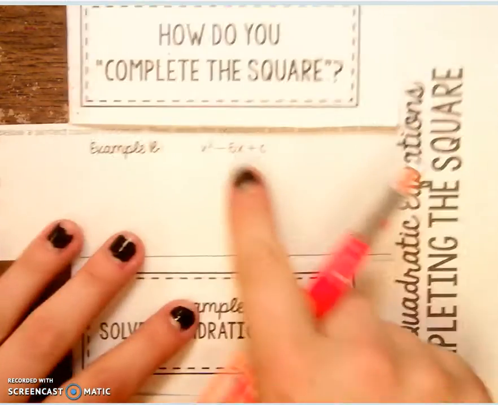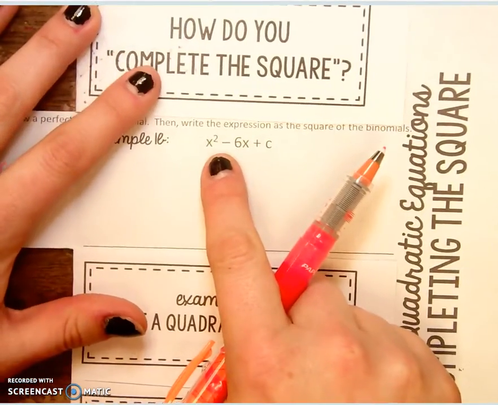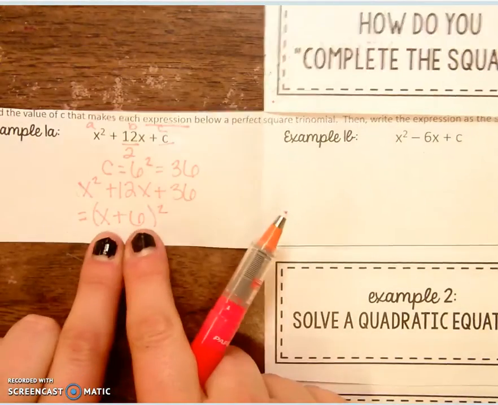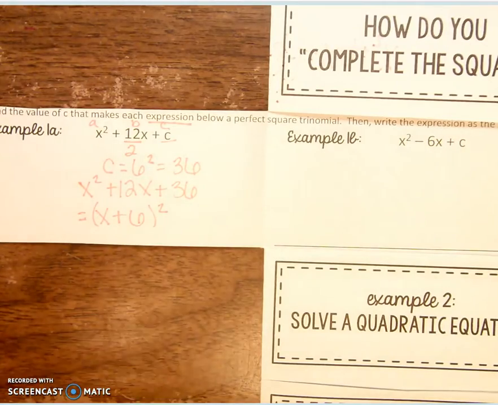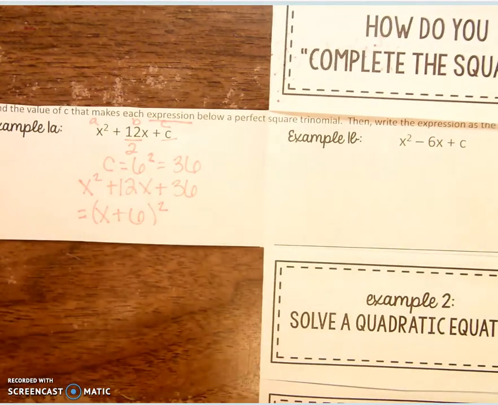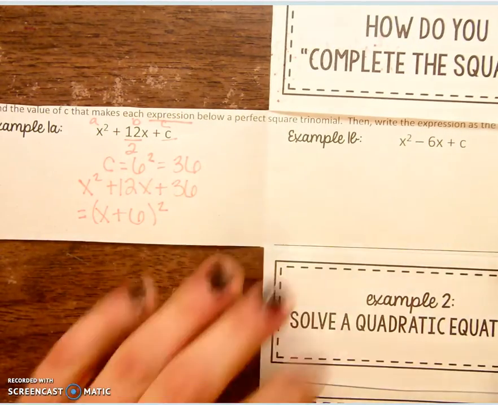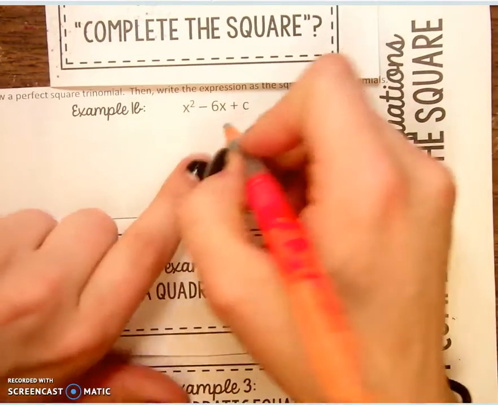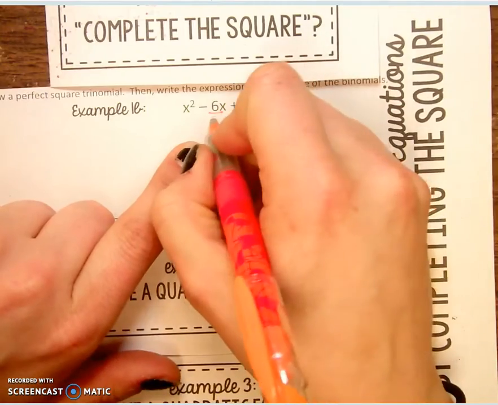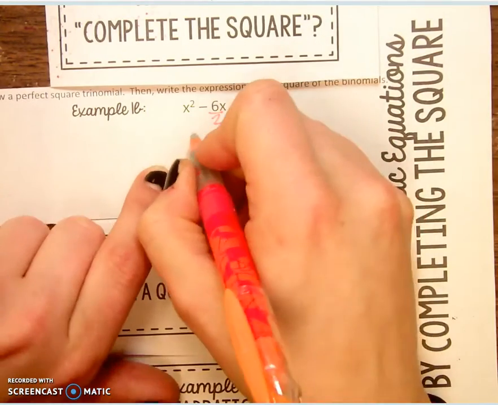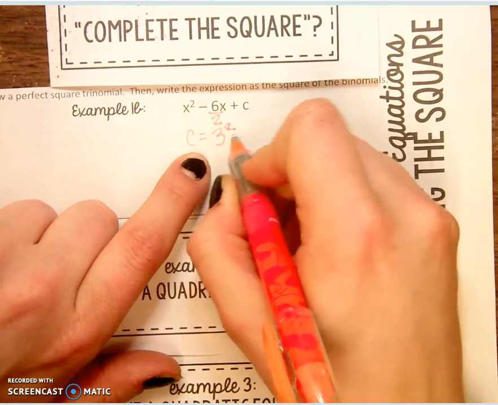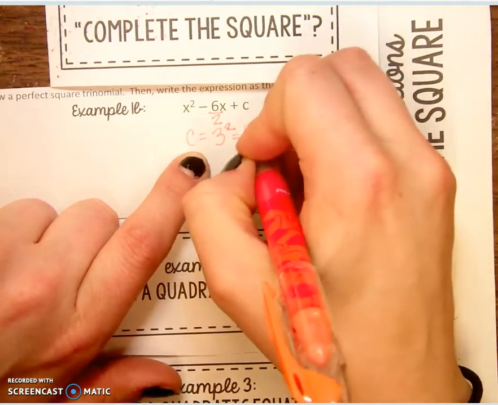Okay, that was that second part, writing the expression as the square of a binomial. There's the binomial, and I squared it. That's what gave me my perfect square trinomial. So let's try example 1b. Same thing. I'm going to take b, divide it by 2. So c is 3, not 3, but 3 squared, which is 9.